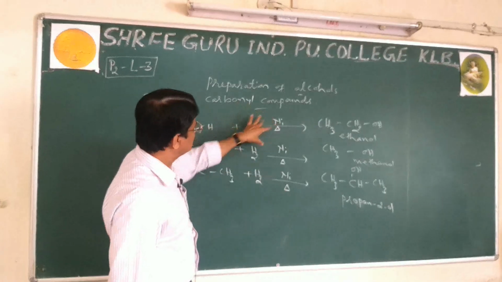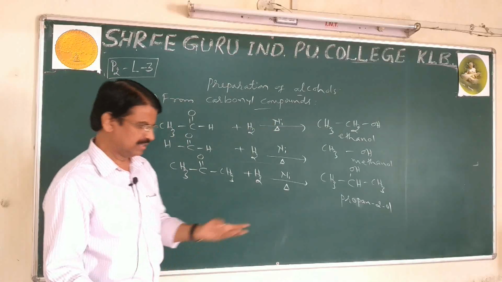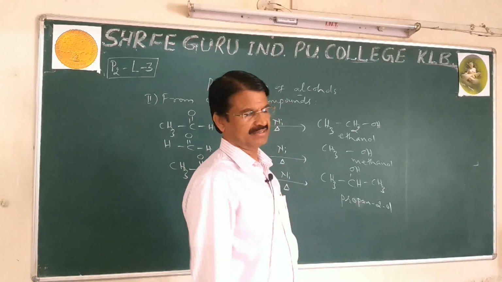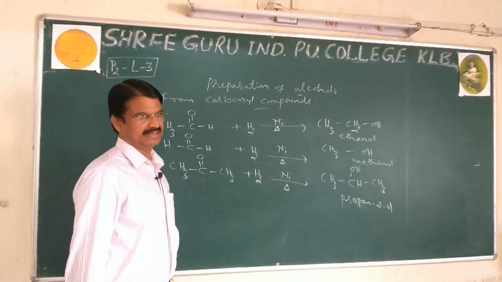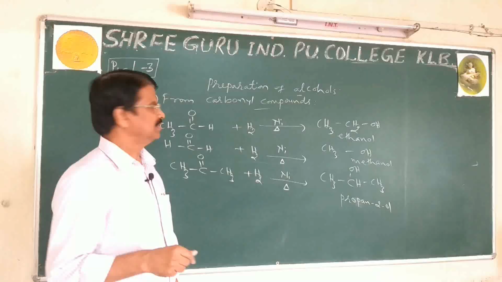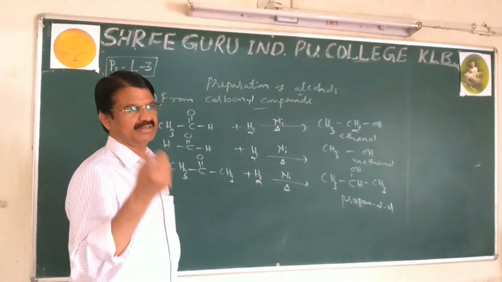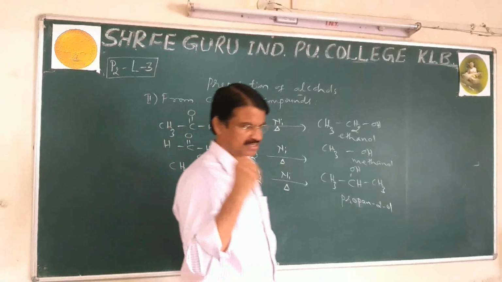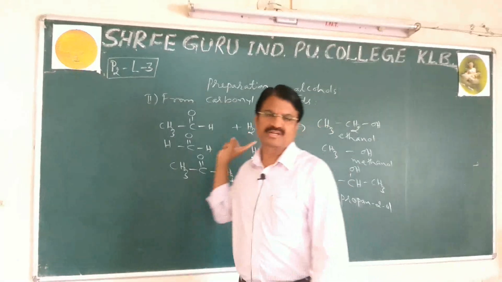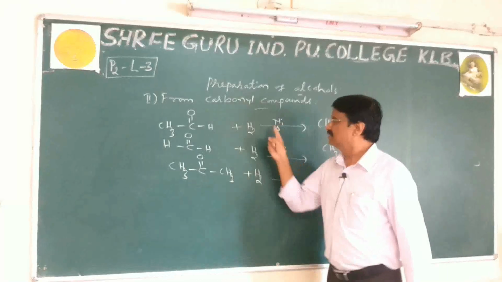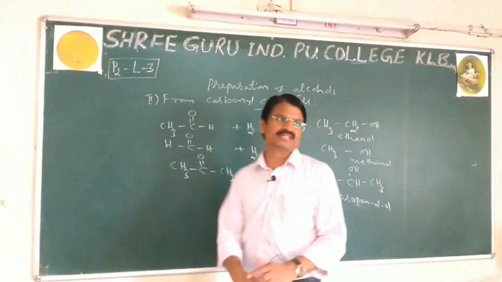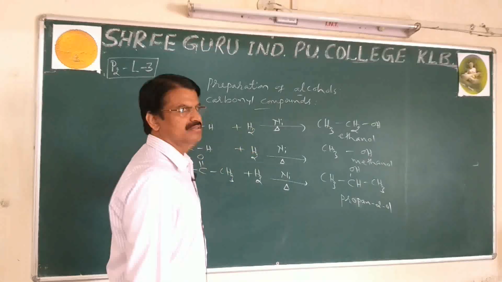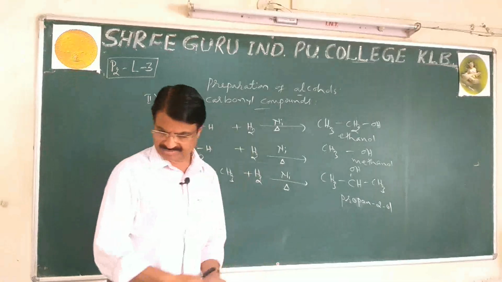And instead of using hydrogen and nickel, we can also use lithium aluminum hydride or sodium borohydride, NaBH4. Sodium borohydride is a weak reagent, not powerful. But lithium aluminum hydride is said to be a strong reducing agent. Here we can use any type of reducing agent, but they convert C double bond O into CHOH.